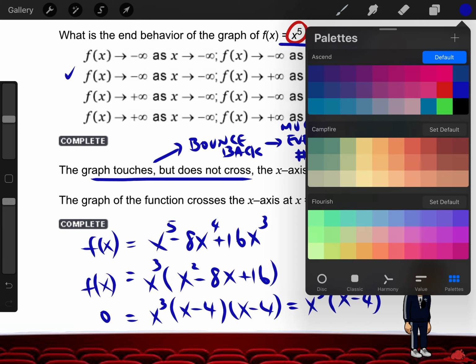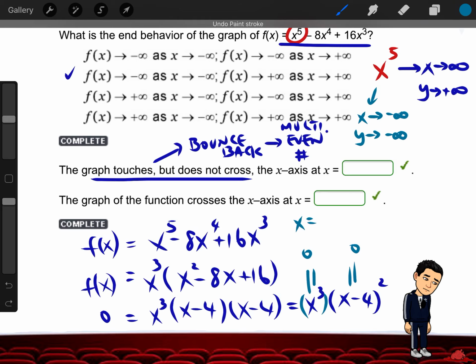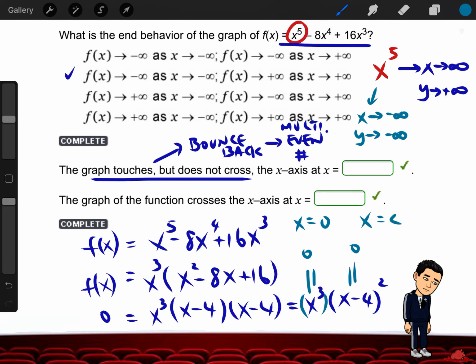Okay, so let's solve for the value of x. Put the parentheses here. We set each factor equal to 0, so x equals 0 and x equals 4. Then let's check the multiplicity. The multiplicity is 3 when x equals 0, and the multiplicity is 2 when x equals 4.